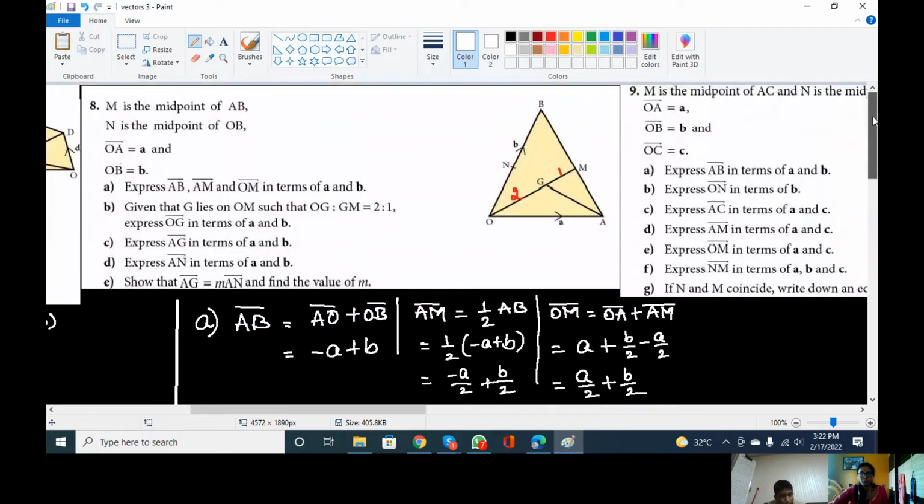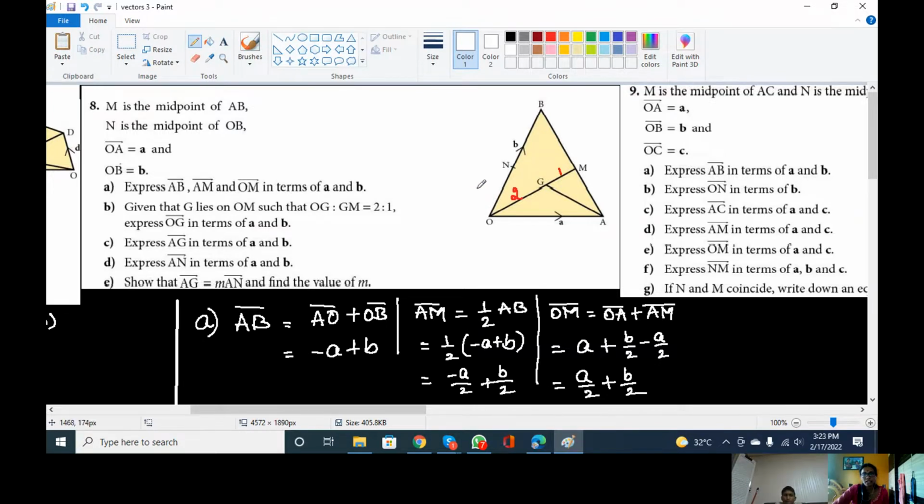Let's go to the fourth bit, D bit. Express AN in terms of A and B. A to the N we need to go. So that can be done A to the O and O to the N. Do we know what O to the N is? O to the N is half of AB, because this full OB is AB.